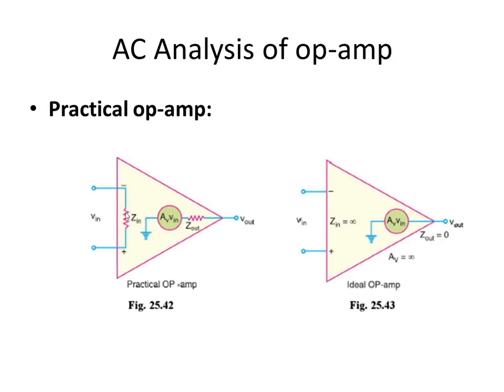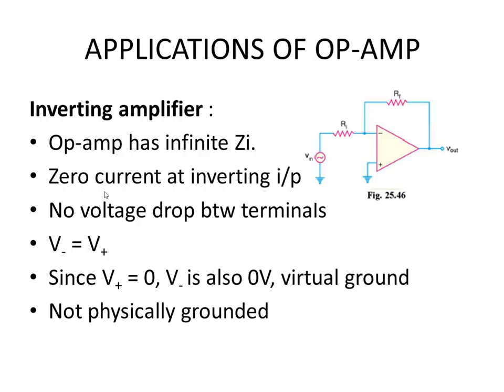So the input impedance is very high, infinity, and the current is zero, which means there is no voltage drop between these two terminals. That means the voltage of the inverting terminal and non-inverting terminal are the same. Clear? So that is the condition. No voltage drop between these two terminals means the voltage at the inverting terminal, V minus, is equal to the voltage at the non-inverting terminal, V plus.